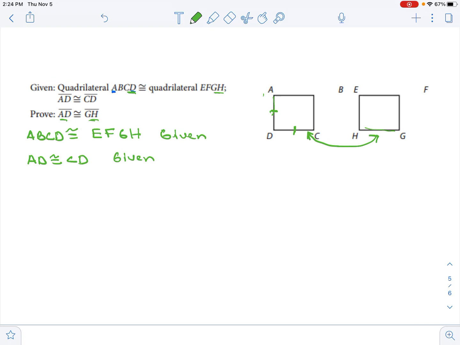So we could say that CD is congruent to GH by CPCTC or CPCFC. So again, if you look at it now, see how this and this connected? So now we know that these two are congruent. So we'd say AD is congruent to GH, and that would be by the transitive property.